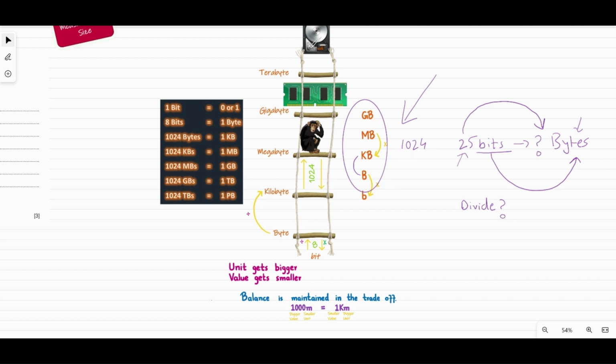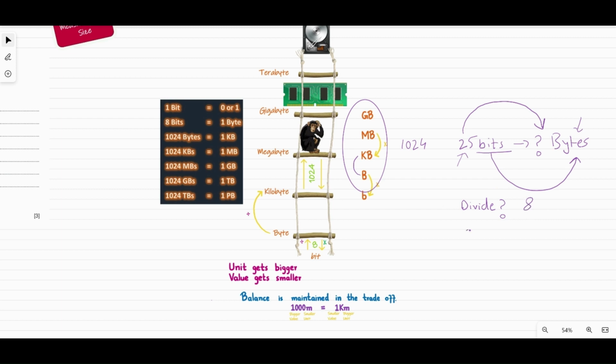We are interested in bit to byte or byte to bit. In this particular example, we're going from bits to bytes. So division is what we need to do, but with what do we divide 25? The second thing is 8.